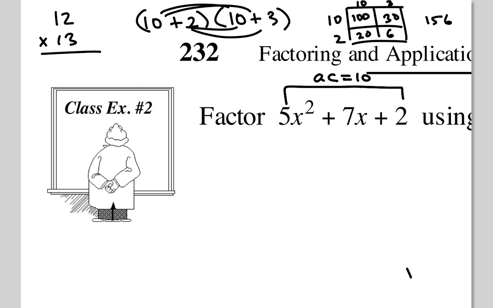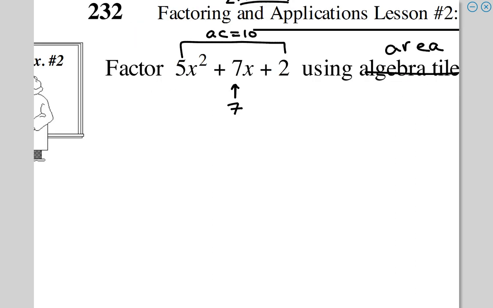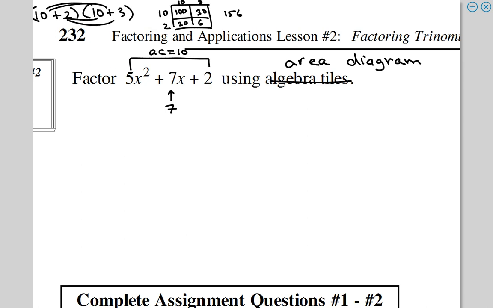So we need two numbers that multiply to 10 that also add up to 7. This is a weird one because it's like identical. It's 2 and 5, right? So we want to break this polynomial into 2 and 5. Check how I do this.